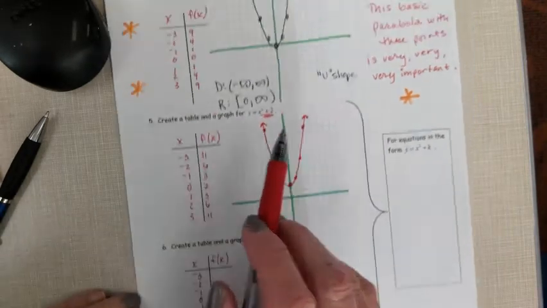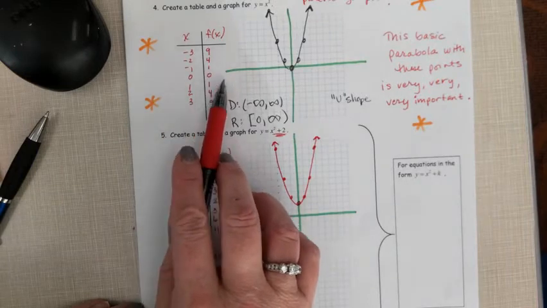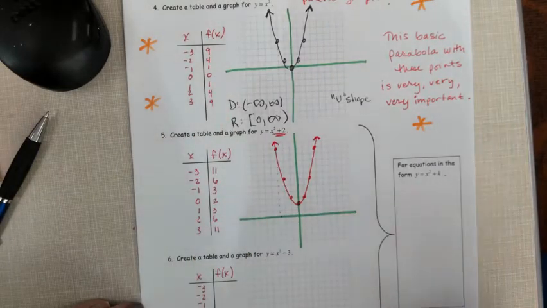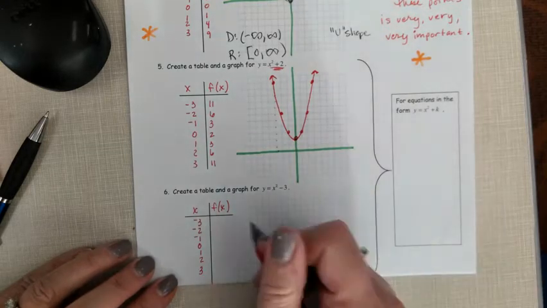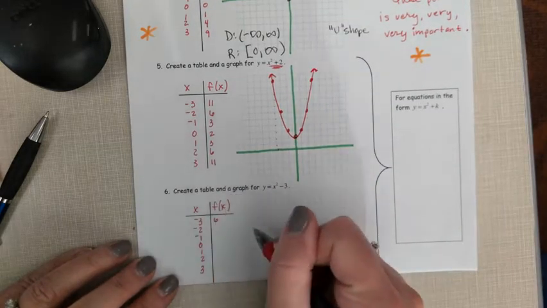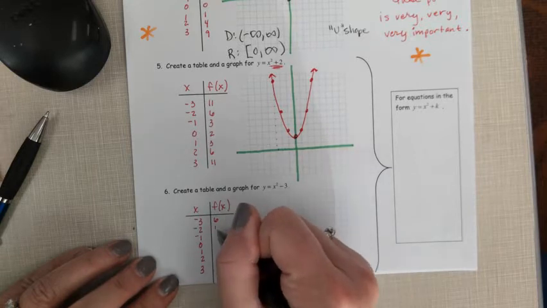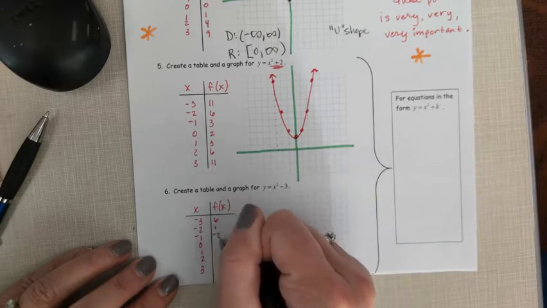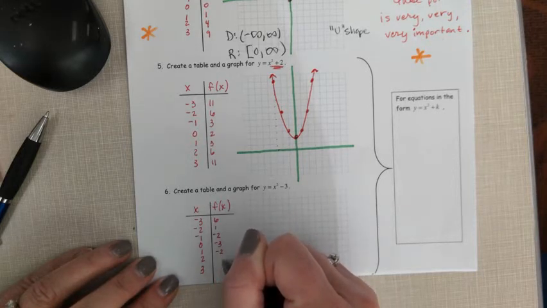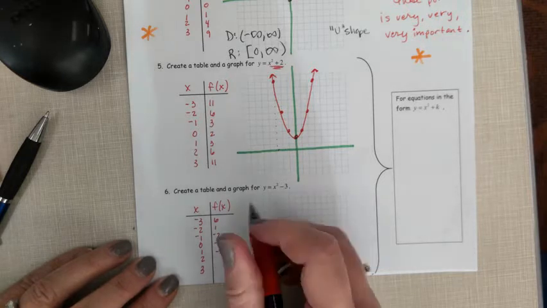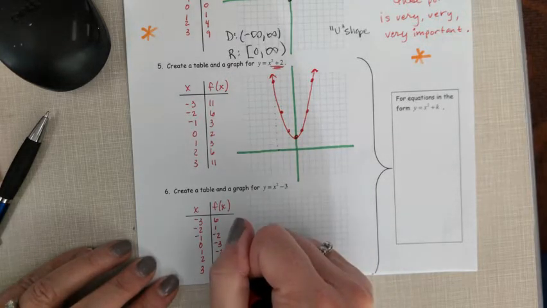The parent original output, 9, 4, 1, 0, 1, 4, 9, you're going to subtract 3. 9 minus 3, 6. 4 minus 3, 1. 1 minus 3, negative 2. 0 minus 3, and then they're going to repeat. I hope that you're starting to see that repeat concept.